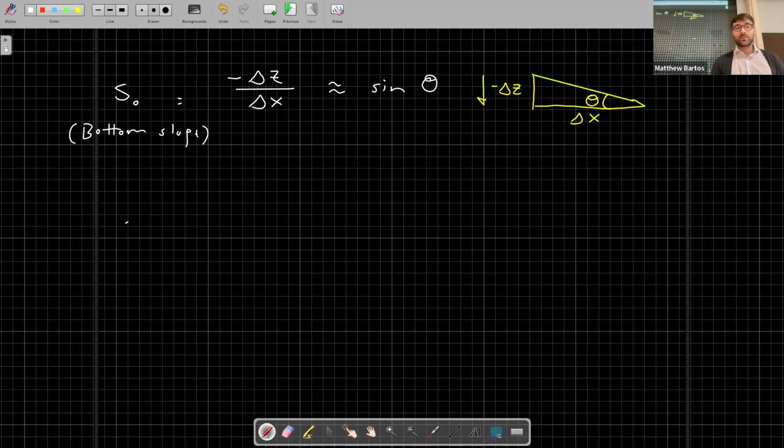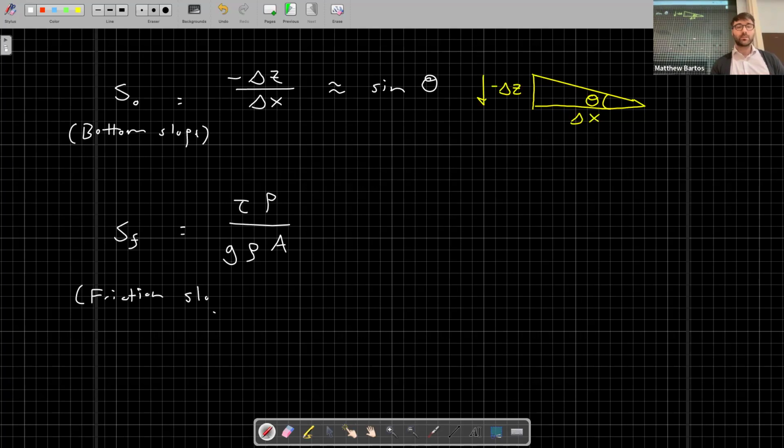And then we're going to define a term called the friction slope. You may have heard this term in fluid mechanics, but we're going to define it as the mean shear stress tau times the wetted perimeter divided by the acceleration due to gravity times the density times the cross-sectional area. So this is called the friction slope.